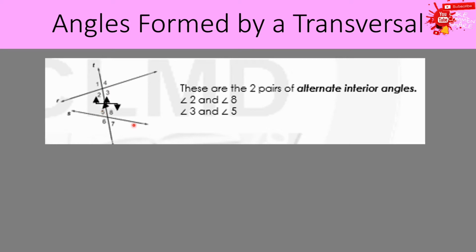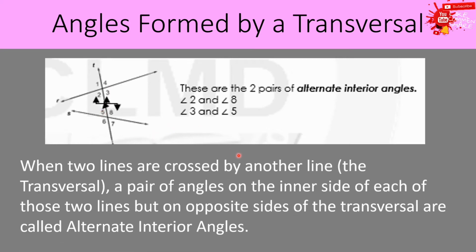So what do we mean by alternate interior angles? When two lines are crossed by another line, called a transversal, a pair of angles on the inner side of each of these two lines, but on opposite sides of the transversal, are called alternate interior angles.